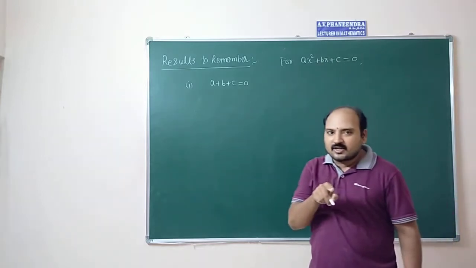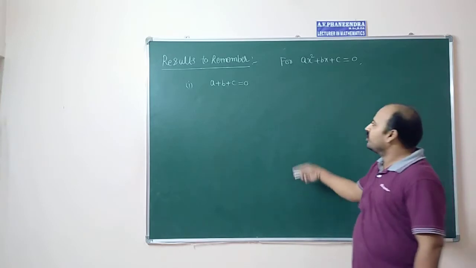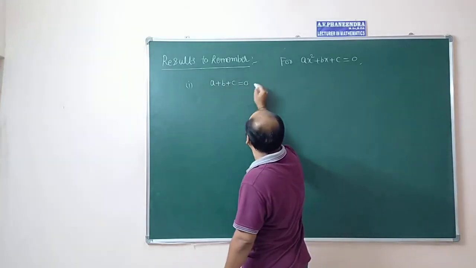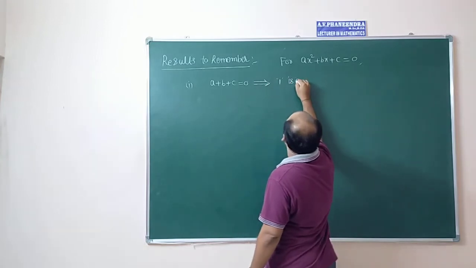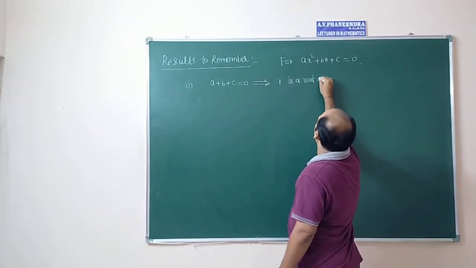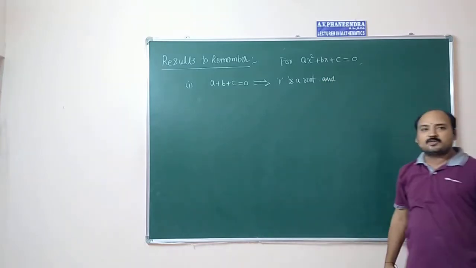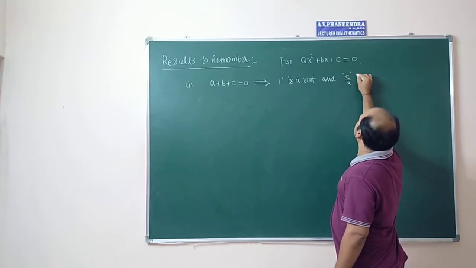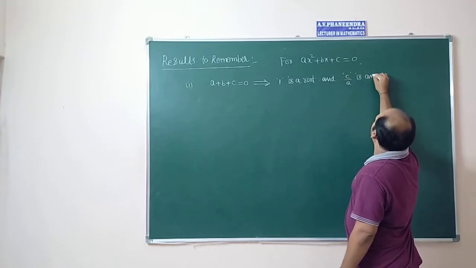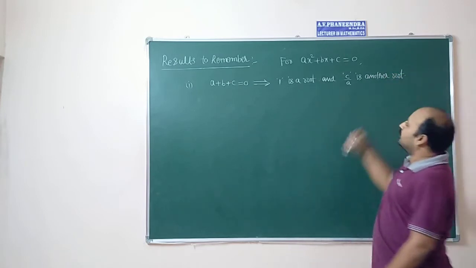So that means x is equal to 1 is a root of this quadratic equation. That means whenever a plus b plus c equal to 0, 1 is a root, and another root, what can we expect? Another root is c by a. You remember that, it is an important point.